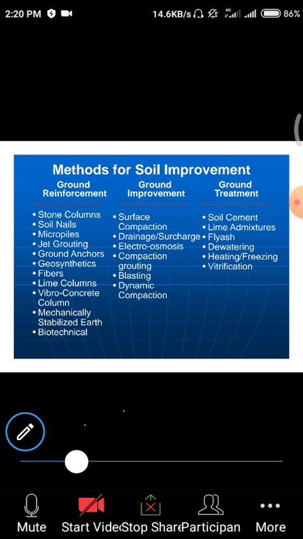Next one we have lime columns. Lime columns means lime, whose major content is calcium oxide and calcium carbonate. Those two components make lime the major factor. That means 70 to 80% of lime is present as calcium oxide and calcium carbonate, and this lime is used to strengthen the soil.